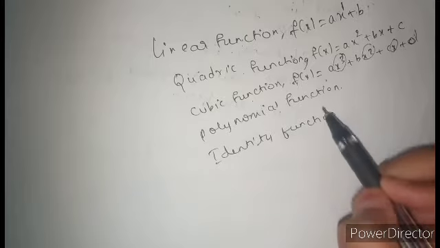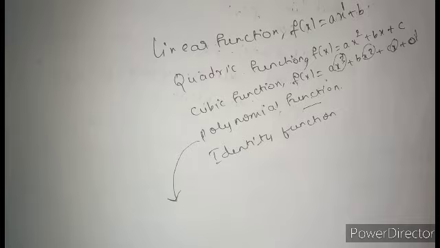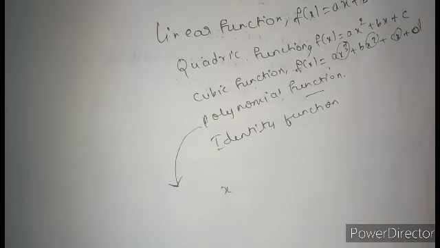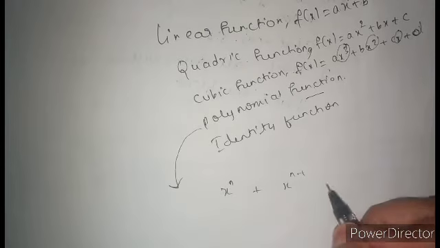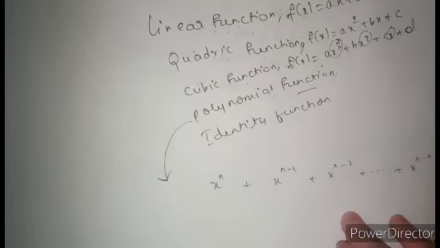Okay. Now coming to polynomial function. A function whose degree is n is called a polynomial function, right? First, write the highest power. Here the highest power is n, so I have written x power n. Then, as I told you, the power of x is decreasing, right? So if we have power n, reduce the power by 1, and you will get x power n minus 1, x power n minus 2, and so on up to x power n minus n, right?